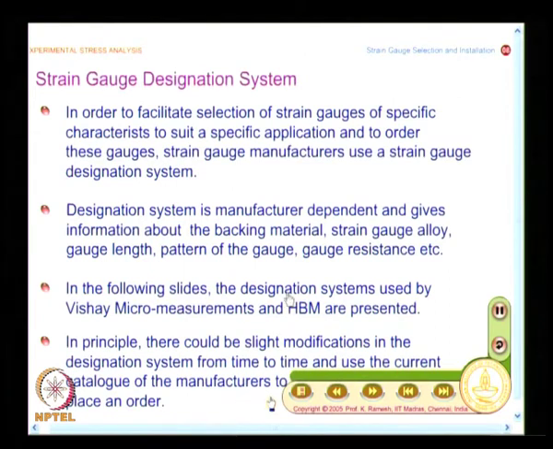So, here we are looking at what aspects are important. That also gives you an idea how to decide what strain gauge you want.